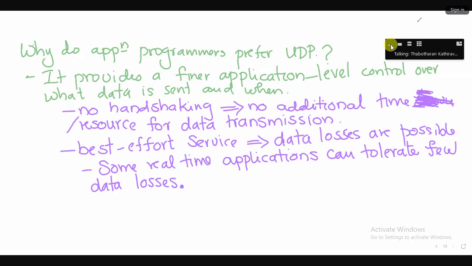So easy design, simpler implementation. No very hard or very time-consuming handshaking. That is also one reason for having UDP protocols.